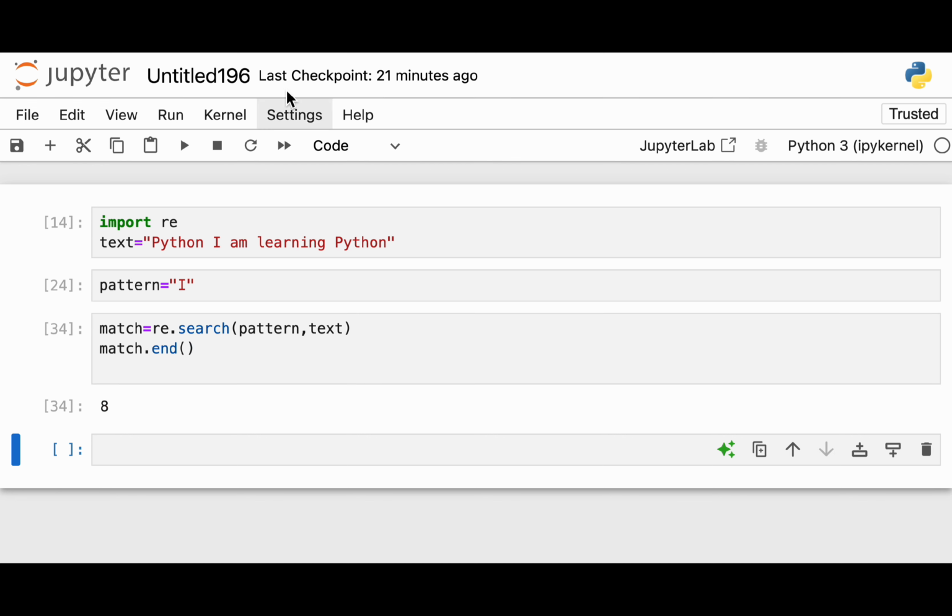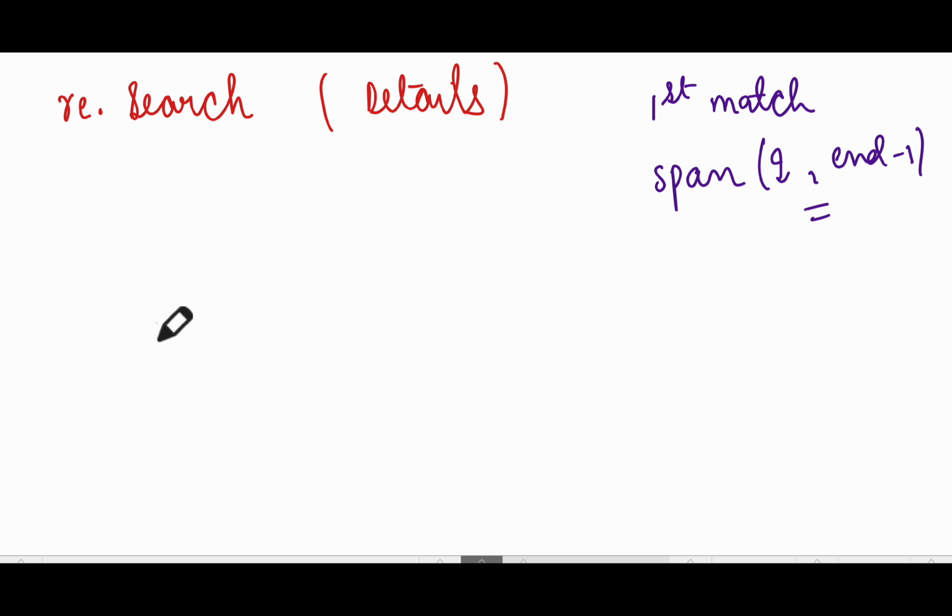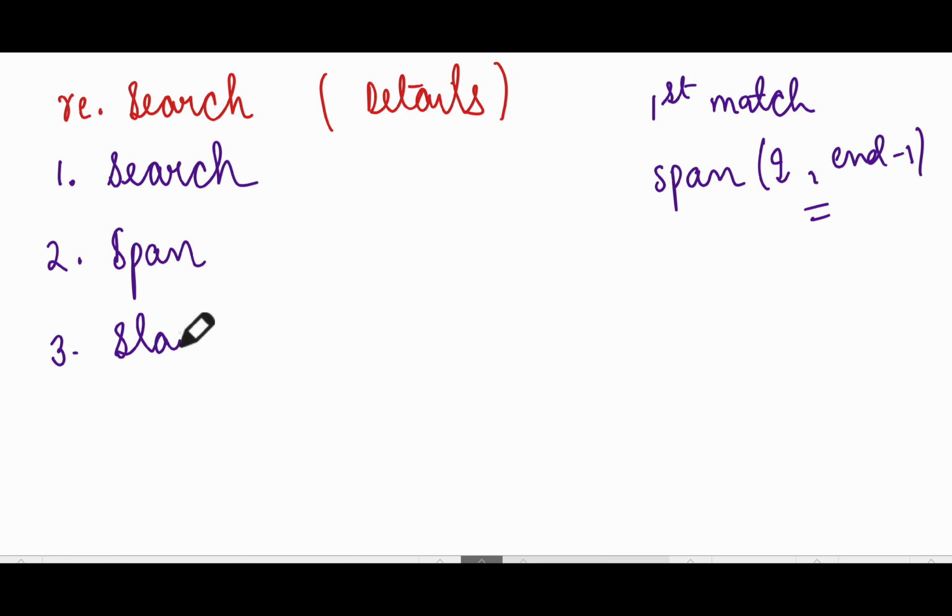Okay, so far what we have covered is search. First of all, we saw search. After the search, we get a match object, and with the span we get the start method, and we get the end.